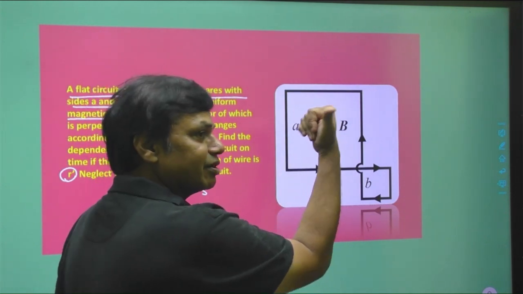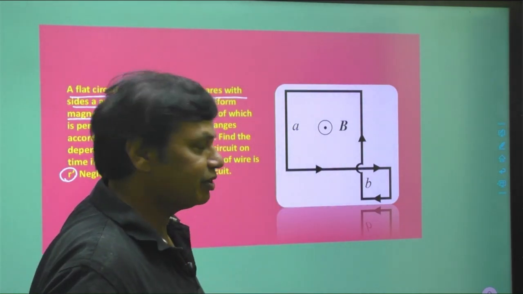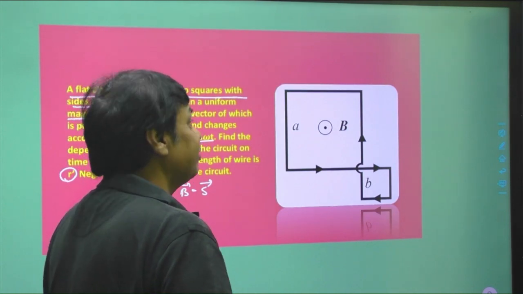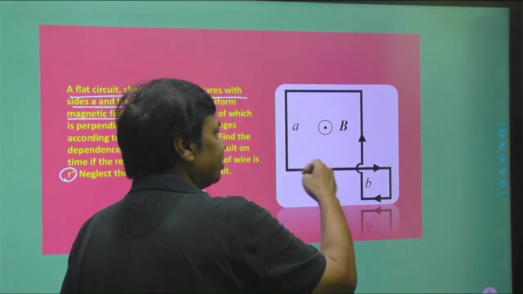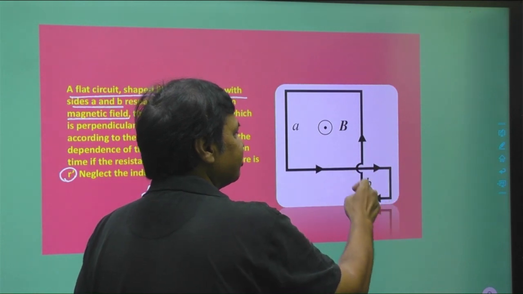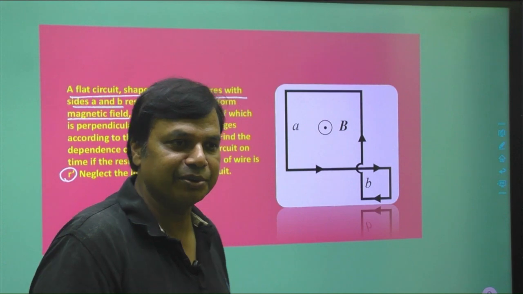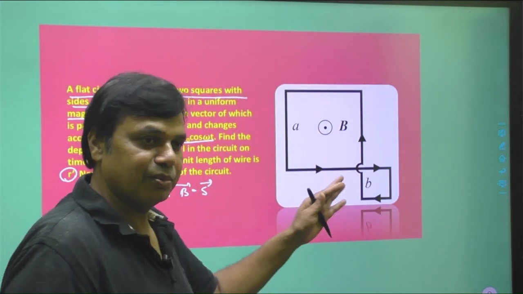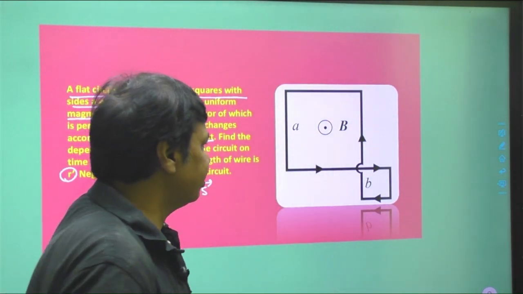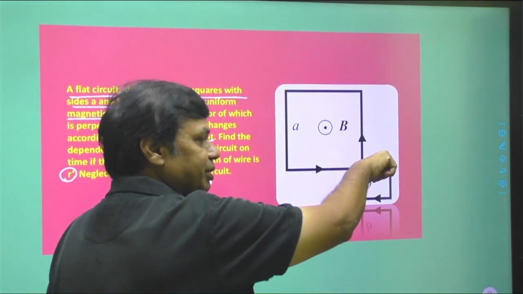Since I am traversing this loop anti-clockwise, I should traverse the other loop in clockwise direction to maintain the continuity, showing that both are part of the same circuit. So its area vector is going to be in this direction.